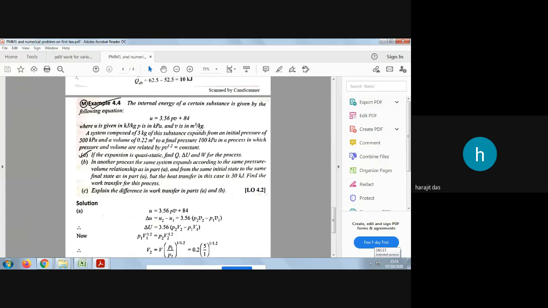That means what? This is internal energy, but it is small letter u, so this is specific internal energy.